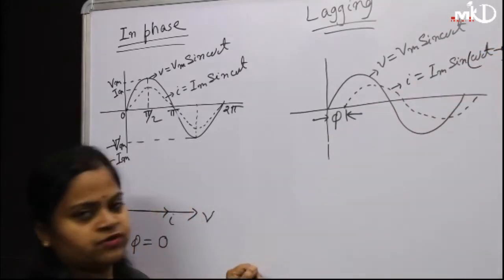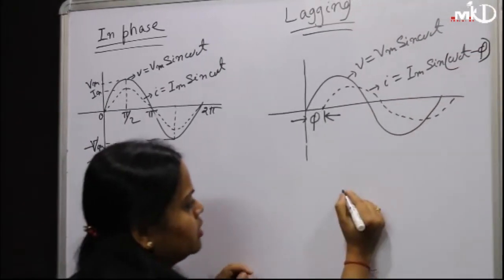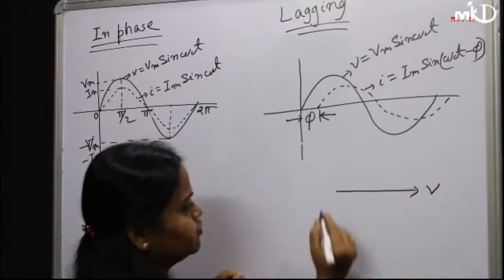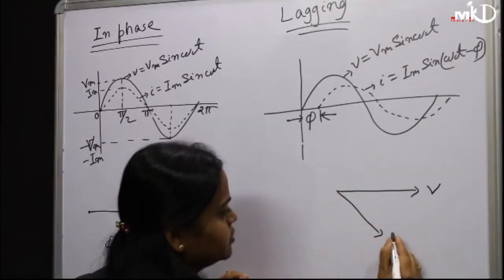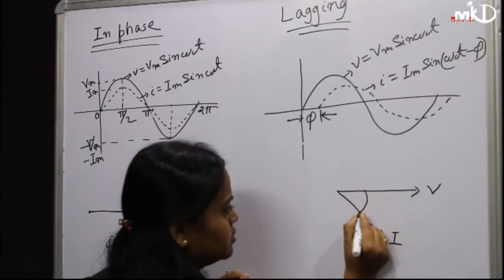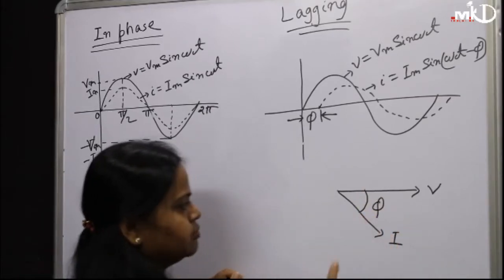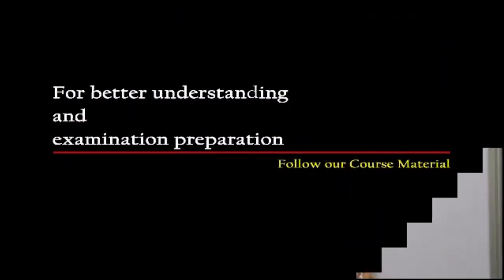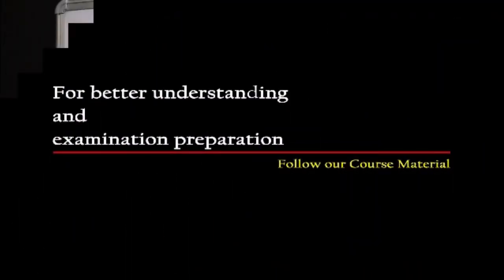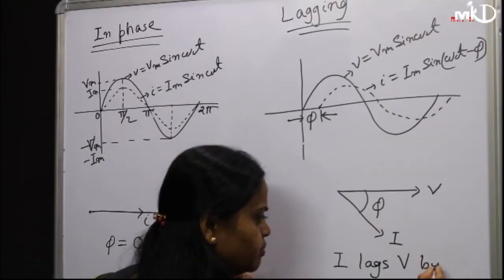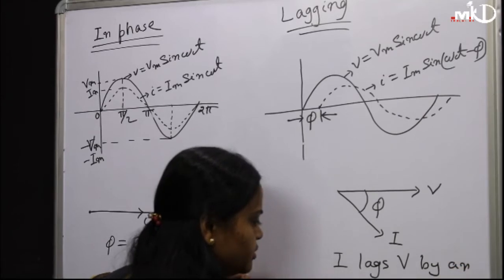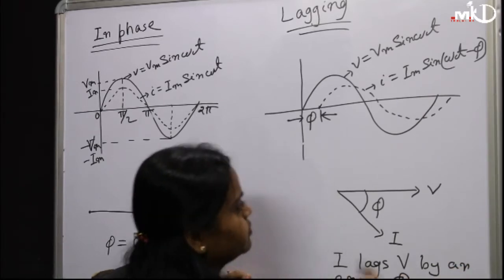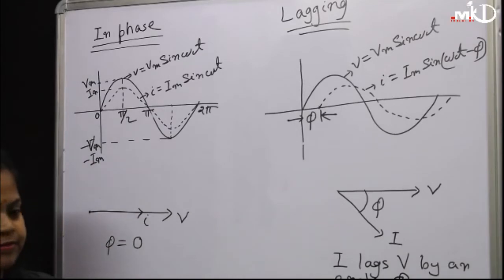This is the phase difference between V and I. In the phasor diagram, if this is V, this is I, and the phase angle is phi. Here I can say that I lags V by an angle phi. This is the concept of lagging.